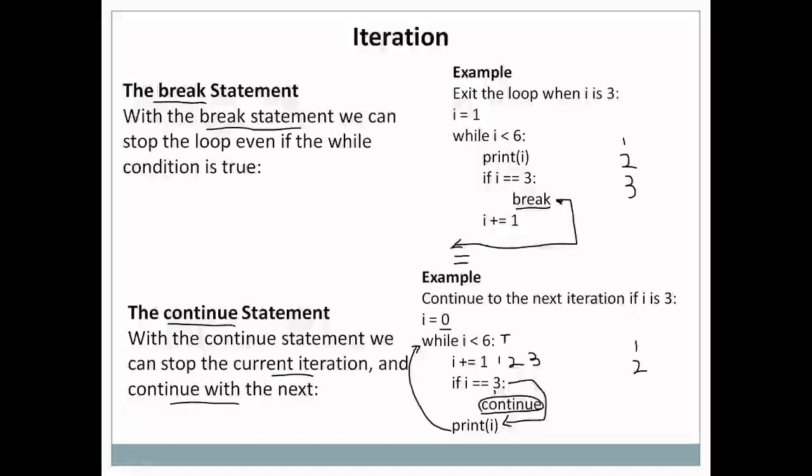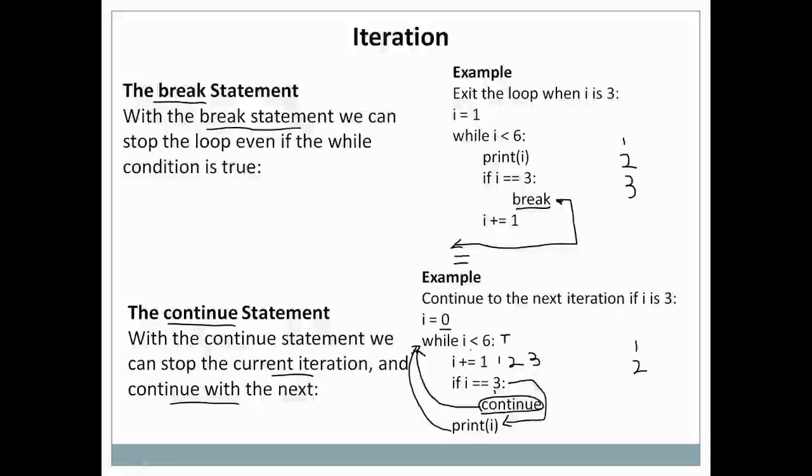And when it executes the continue statement, the control is directly transferred back to the next iteration. It will not execute the statements below the continue. Below the continue we have a print statement, remember, print I. That is not executed. Directly it goes back to while and the next iteration is executed.